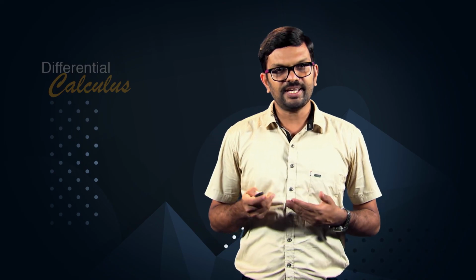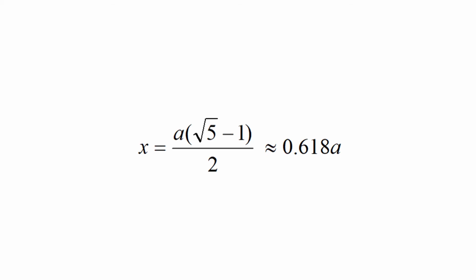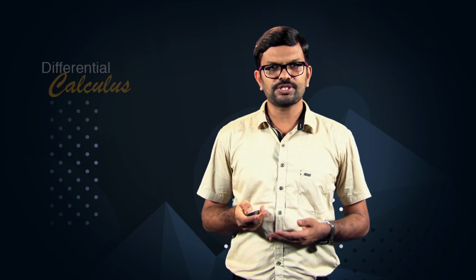Since x is greater than minus a, we have x is equal to a into square root of 5 minus 1 whole divided by 2, which is approximately equal to 0.618 times a. When x is equal to 0.618 times a, we have y is equal to 0.3 times a.